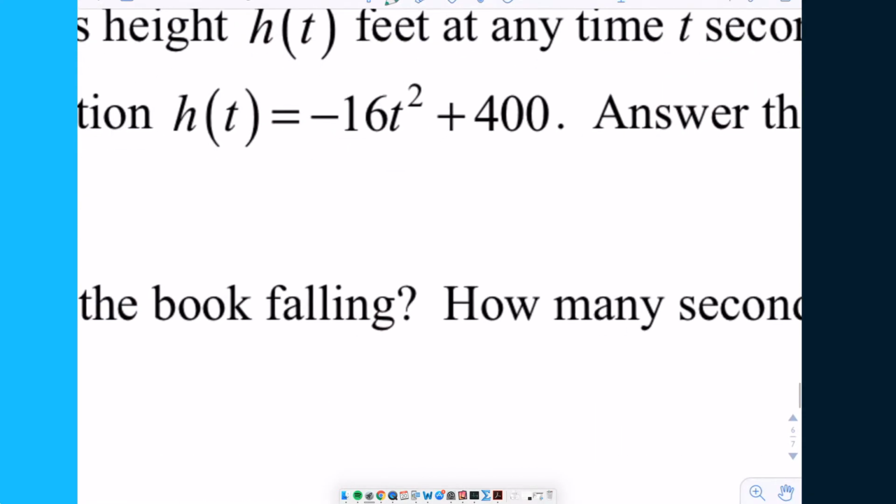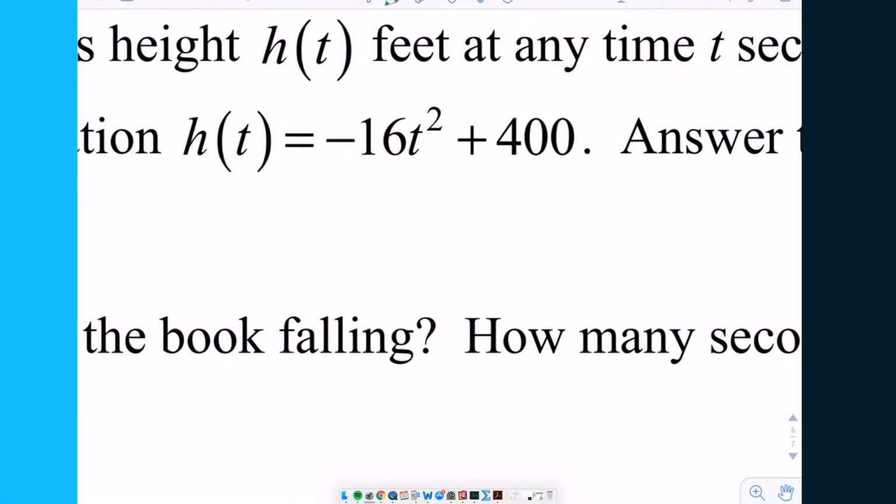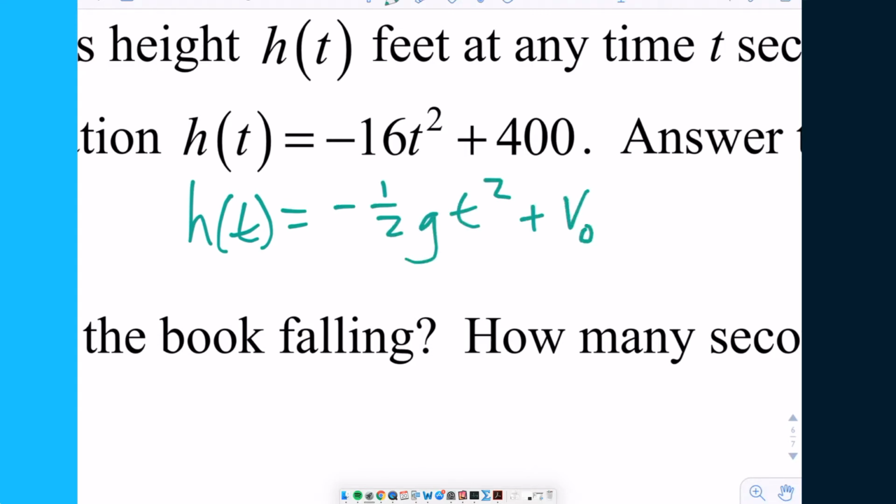Now, let's see where this question comes from. In physics, you memorize your kinematic equations for falling objects near the surface of the earth, right? It's negative 1/2 little g t squared plus v sub o t plus h sub o. Little g can be measured in meters per second squared, which is about 9.8, or for AP purposes, y'all use 10 because you can do more calculations without a calculator.